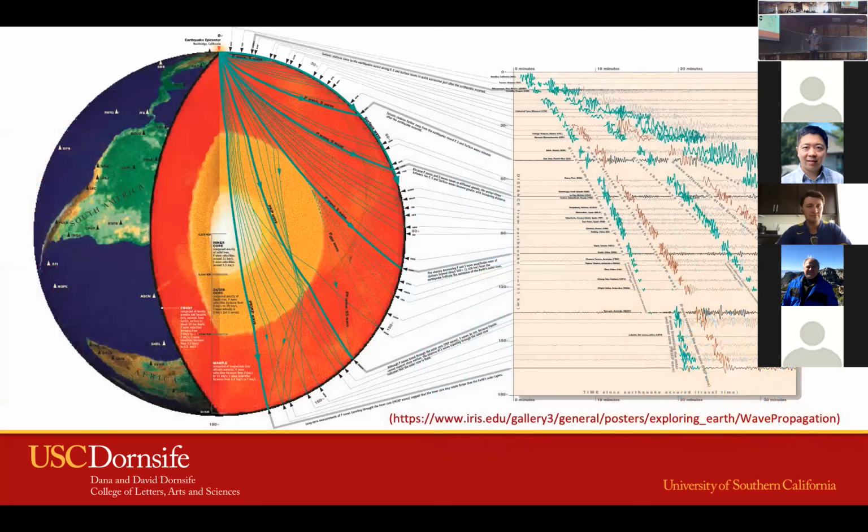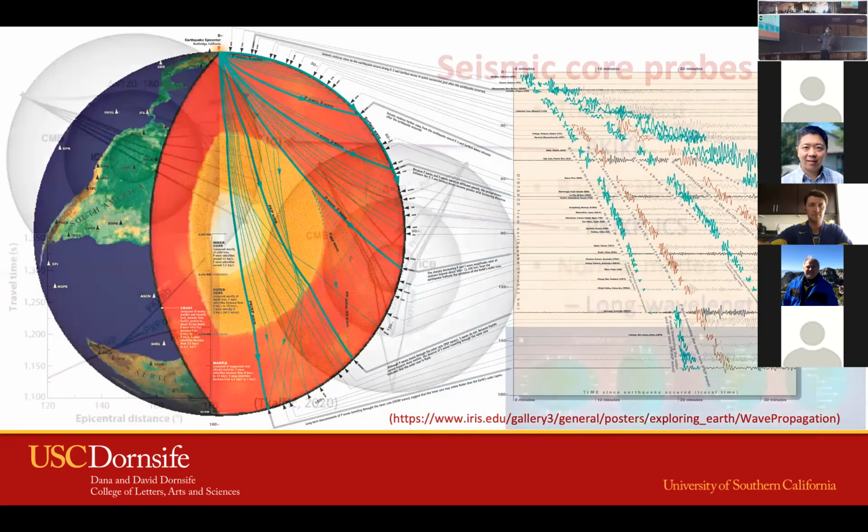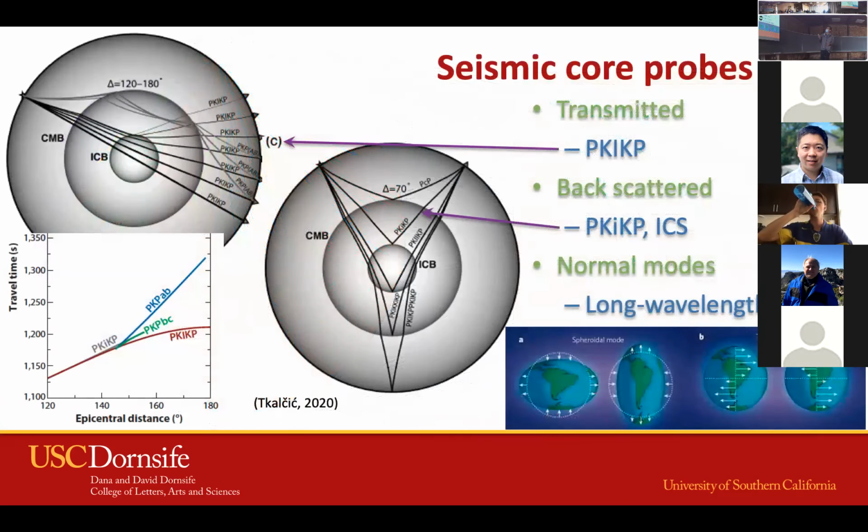To study the interior structure of the Earth, like the inner core, seismic waves are one of the most powerful tools. Here we list the different kinds of seismic waves that can be used to study the inner core. The first is the transmitted seismic wave that goes through the inner core. The second is two kinds of backscatter energy.